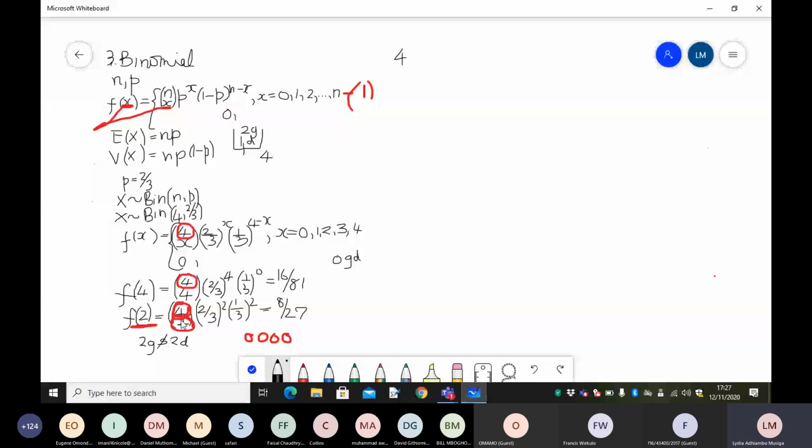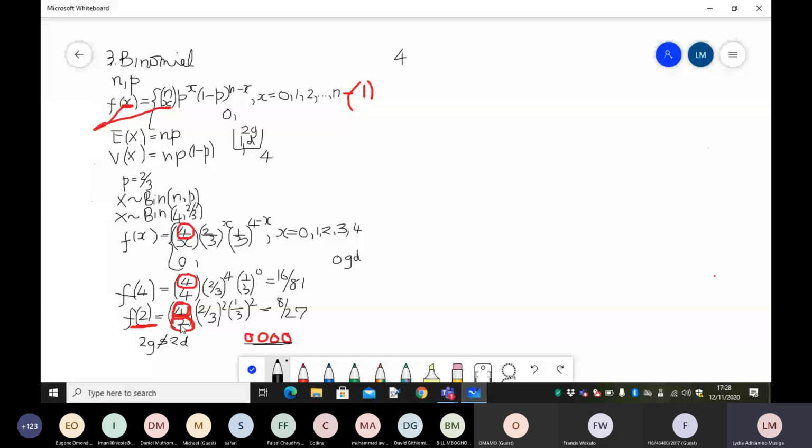It gives you the probability of picking 0 good bulbs, because we had defined X to be the number of successes. So the probability that I pick 4 bad bulbs is going to be given by f of 0, because I have picked no good bulb. So I'll just get f of 0, which is 4 combination 0.